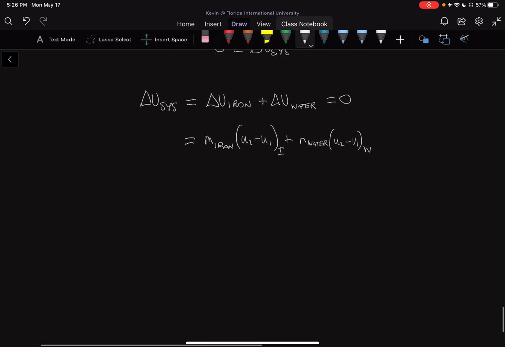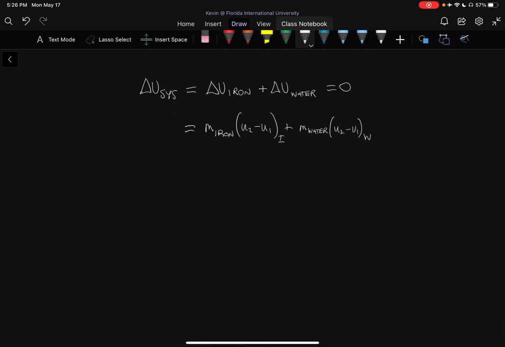And now, before we get started with finding values for U or trying to solve the problem, let's look at state 1 and state 2. Let's look at the two different states that we have. So state 1, we're told that for iron, the mass of the iron, Mi, is equal to 50 kilograms. And we're told that T1I is equal to 80 degrees Celsius.